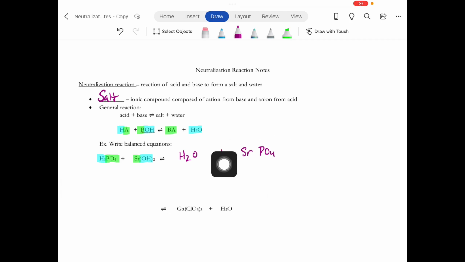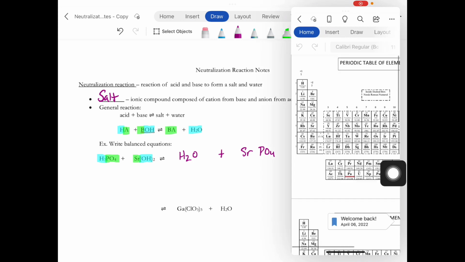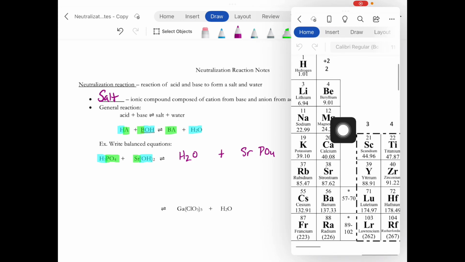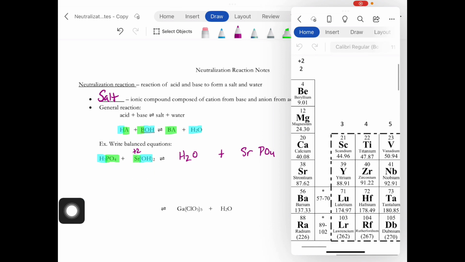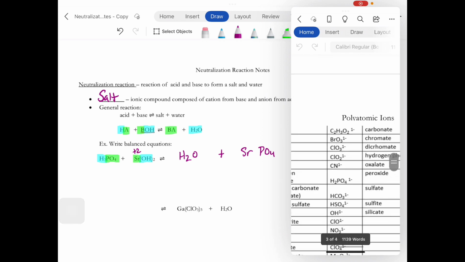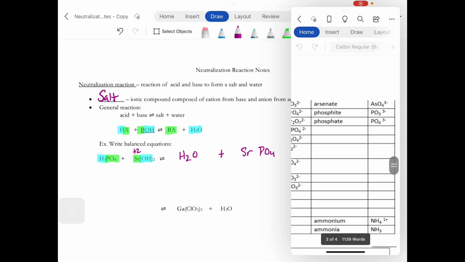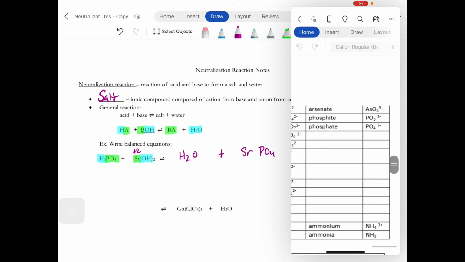Okay, we have to cross charges over. So let's get a periodic table out and figure out what these charges are. Sr is right here, that's a +2. So I'm going to write it over here so I don't have to erase it. Sr is a +2. And then PO4 is a polyatomic ion that's on the back of the periodic table. PO4 is right here.